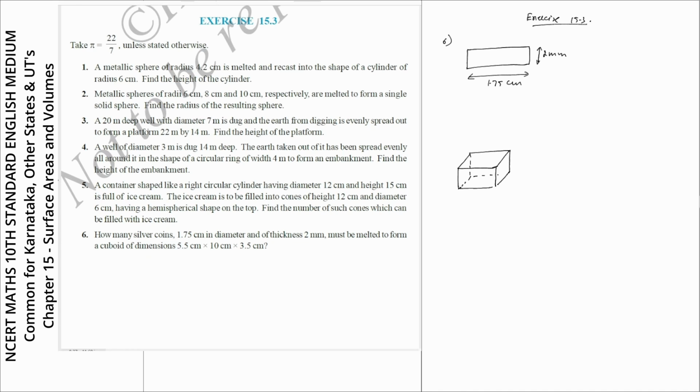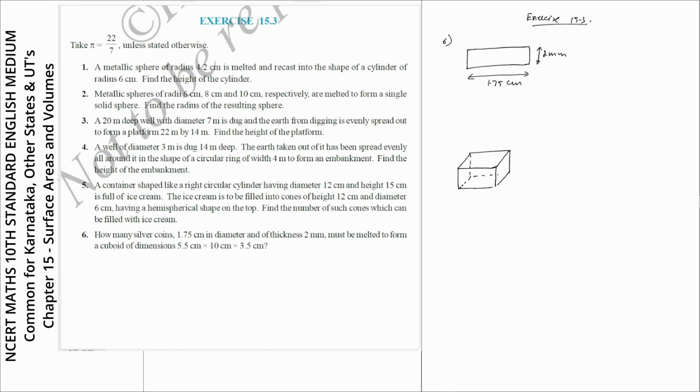Thickness means it is the height of the coin. Okay, so in this problem all the dimensions are given in centimeter, but only the thickness of the coin is given as 2 millimeter. So here also I should convert this 2 millimeter into centimeter. I can't take one dimension in millimeter and one dimension in centimeter and calculate.